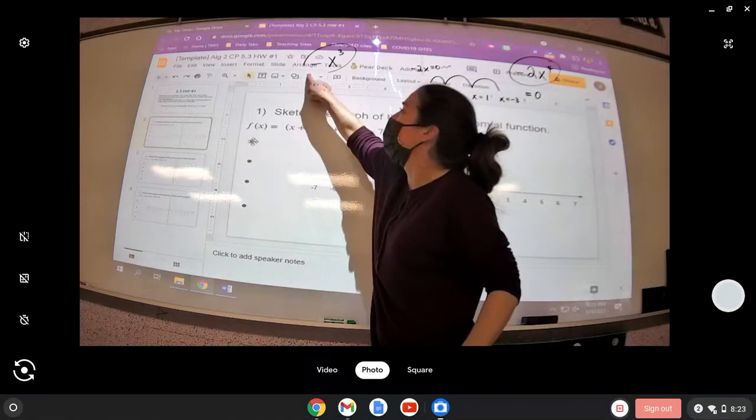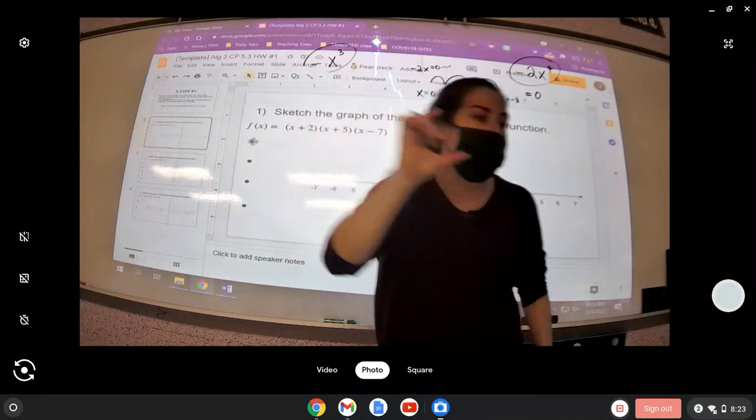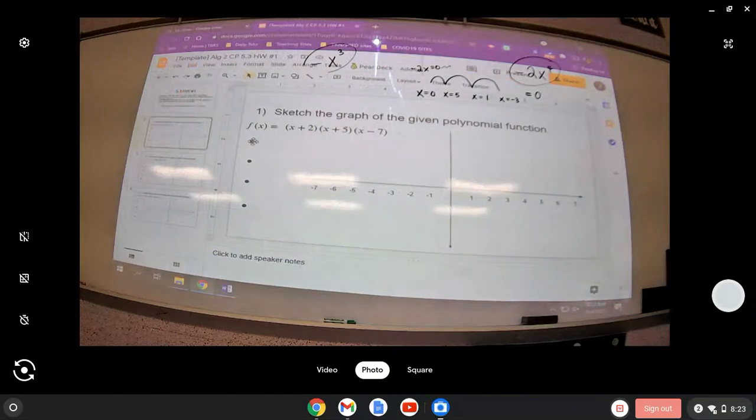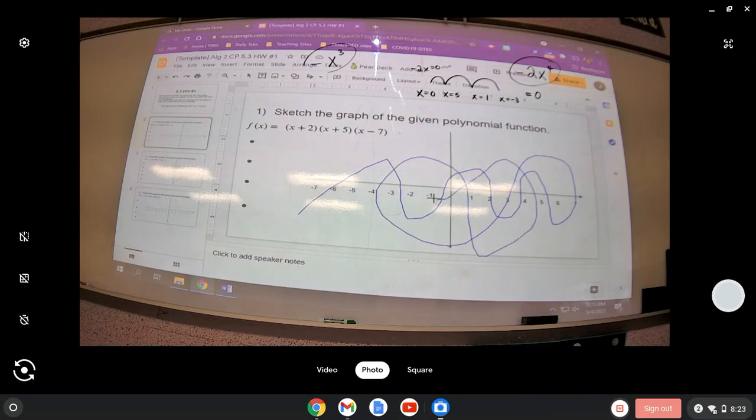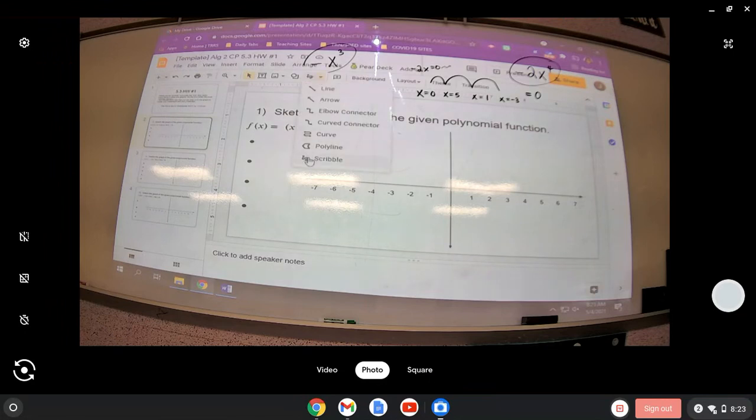Right under it, there's this line symbol. If you click on the line symbol and you scroll all the way down to scribble, the scribble lets you scribble and fill your graph in like that, okay? So you move your dots to your x-intercept and y-intercept, and then under the word arrange, use the line feature, go all the way down to scribble, and scribble your graph in.